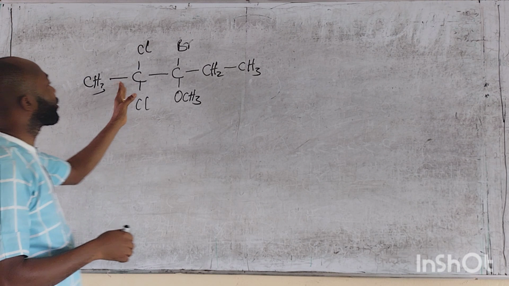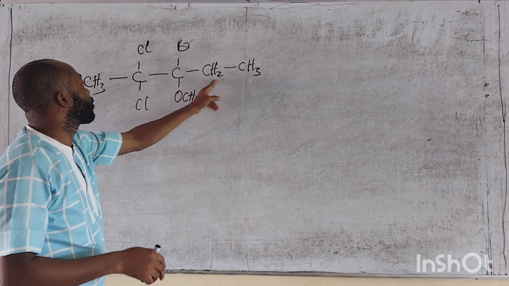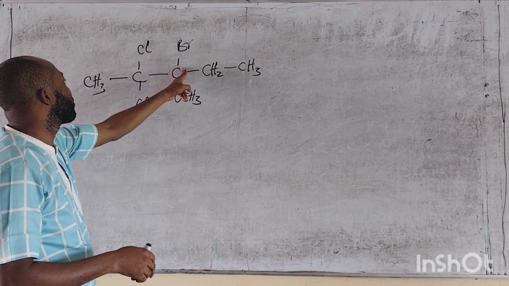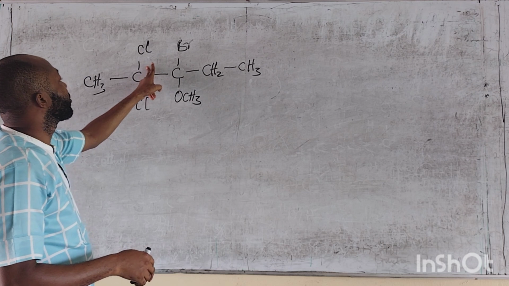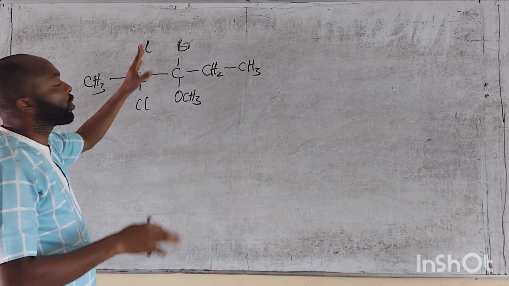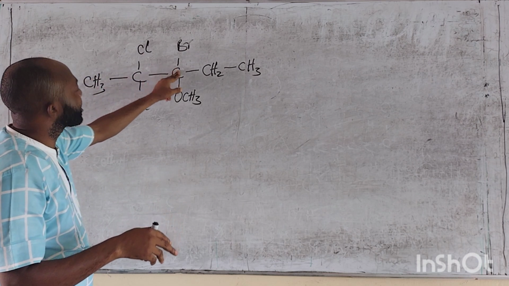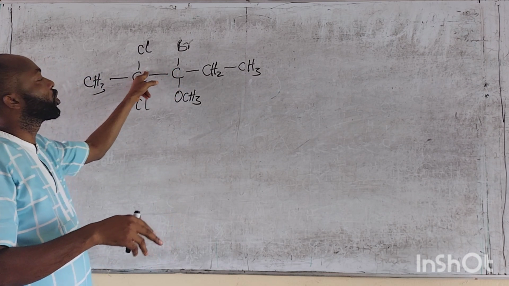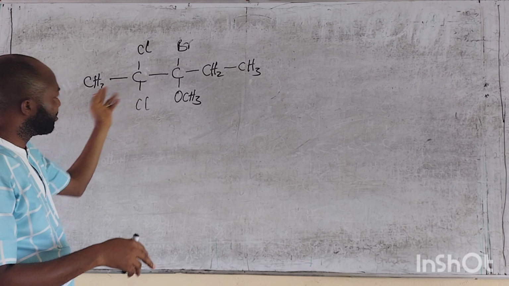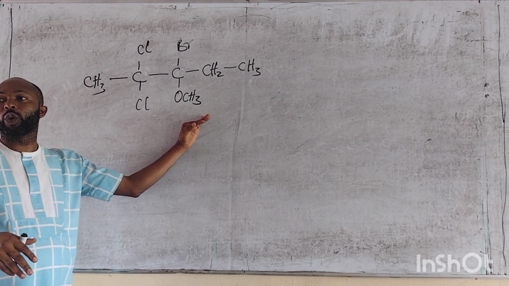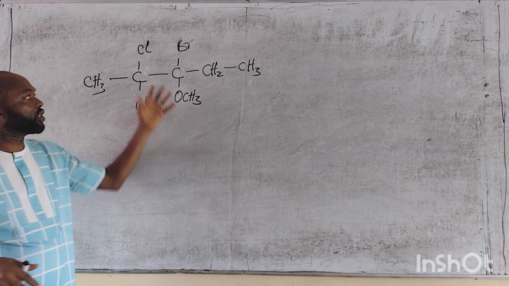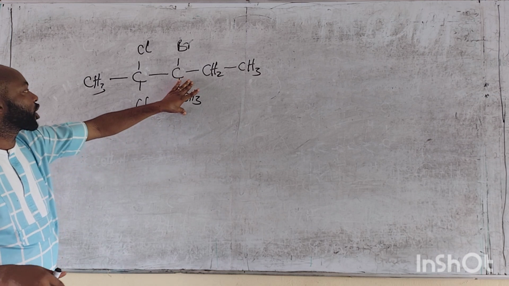So if I want to start from here, 1, 2, 3 bromo, 4 chloro. So 3 plus 4 officially is 7. But if I start from here, 1, 2, 3 bromo, 2 chloro, that's 5. It means I should start from here. This will give me the lowest possible count from these two. And this is methoxy.